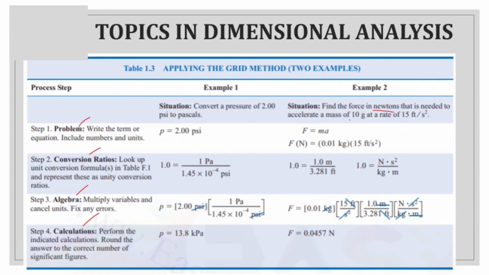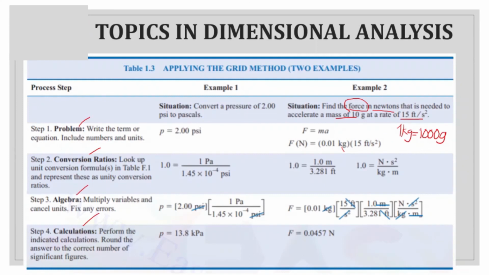So given mass and given this acceleration, we are tasked to look for the force. Force is equal to mass times acceleration. So we will convert the mass into kilograms. In order to convert this, we all know that 1 kilogram is equal to 1000 grams.